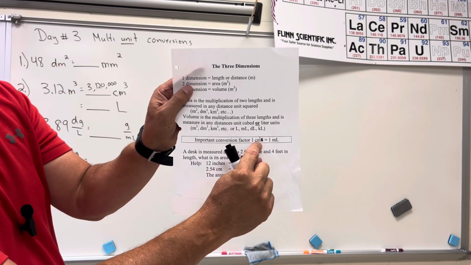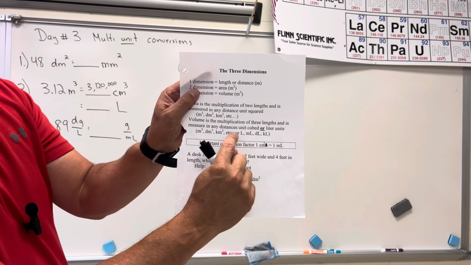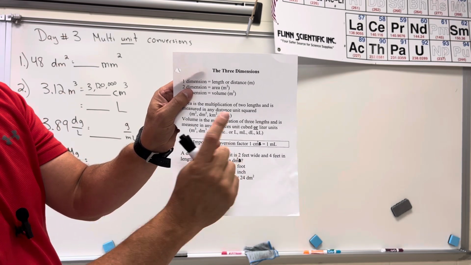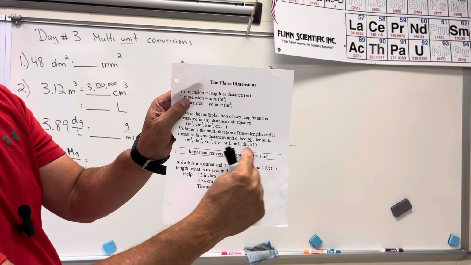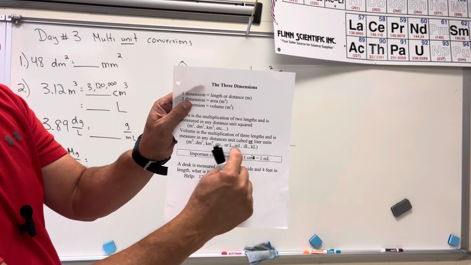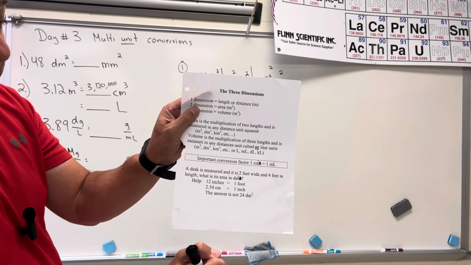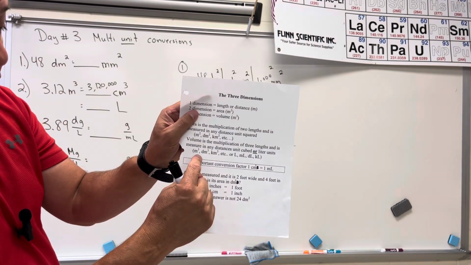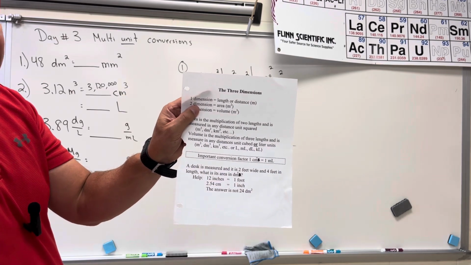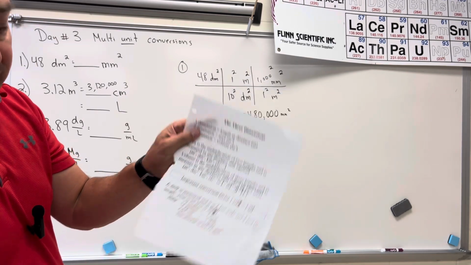Now, the thing that I want to point out is that for volume, it's always going to be some type of distance cubed, or just some type of unit that has the liter. You will never see any of these units cubed, okay? So it's the distance cubed or some type of liter to the first power, okay?